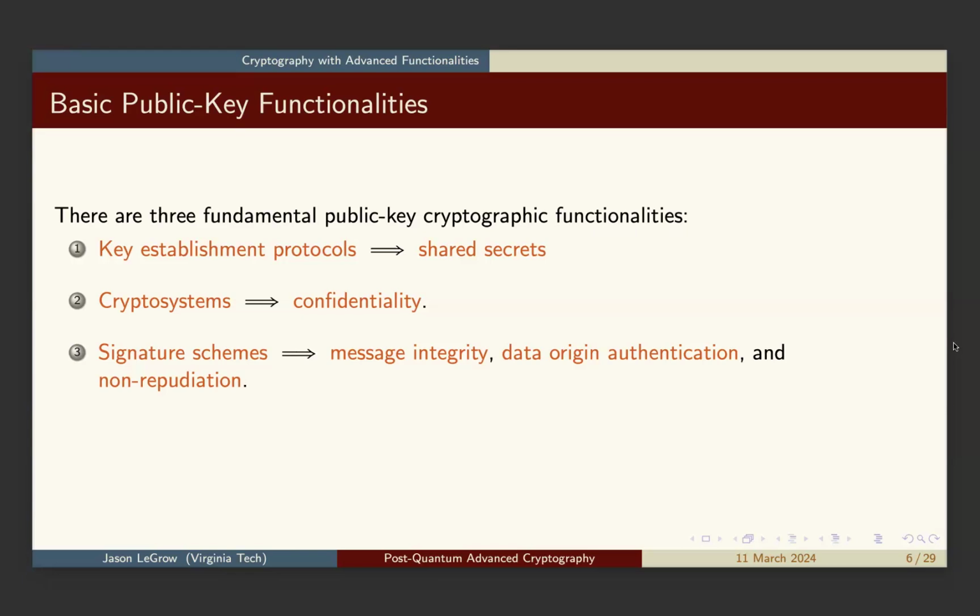So these are the fundamental public key cryptographic functionalities. I imagine if you took a public key crypto class here or anywhere else in the world, you would have seen these three things, and I imagine you teach it, so you've taught all this stuff before. This is enough for many applications like web browsing or Zoom, things that we use every day.